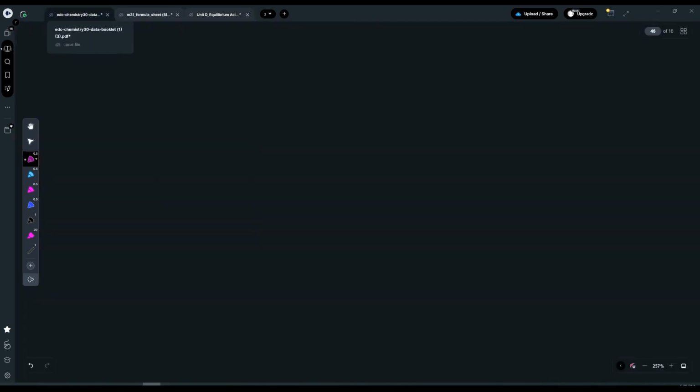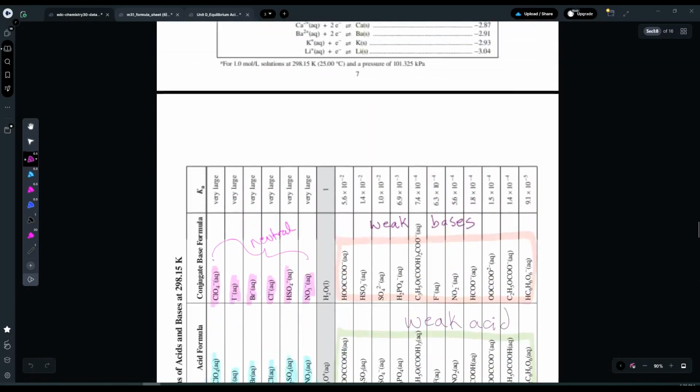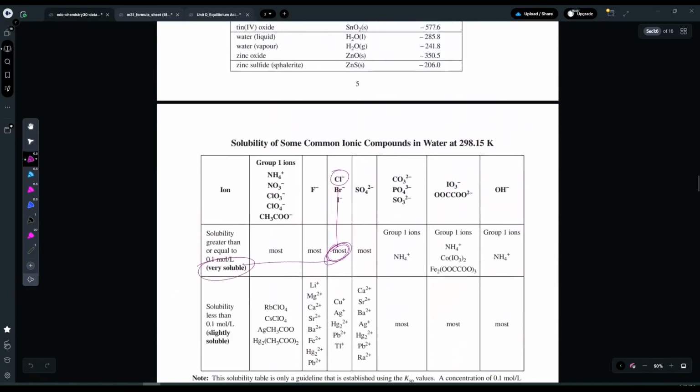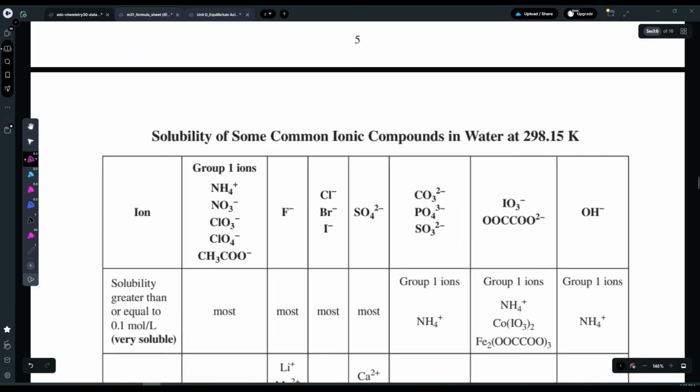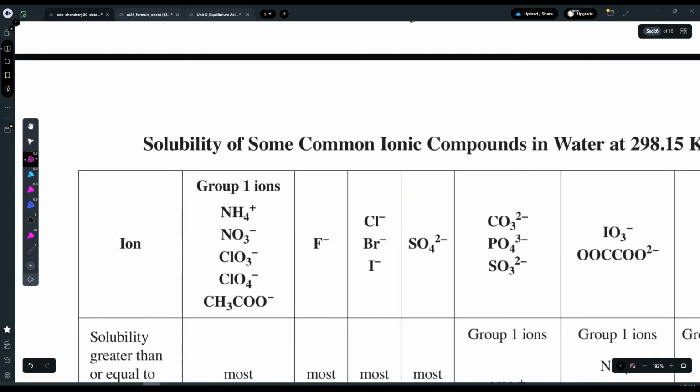So if I looked for that in my solubility table, we can't find hydrogen carbonate as our anion. If that's the case, then you need to go to your cation.